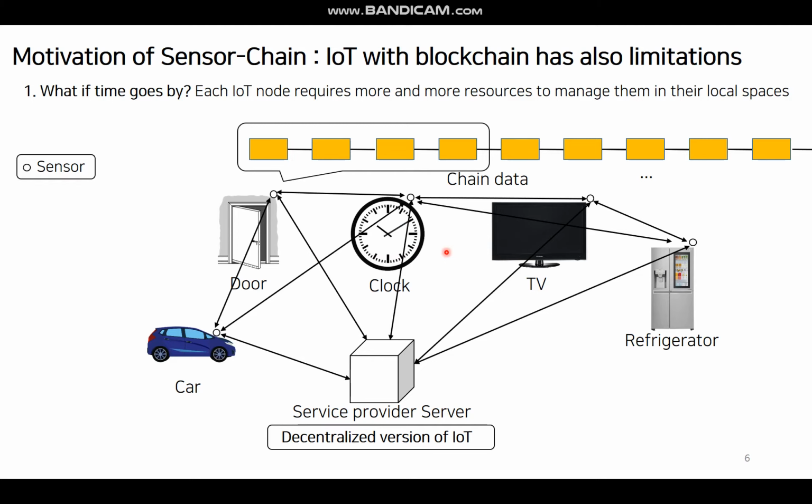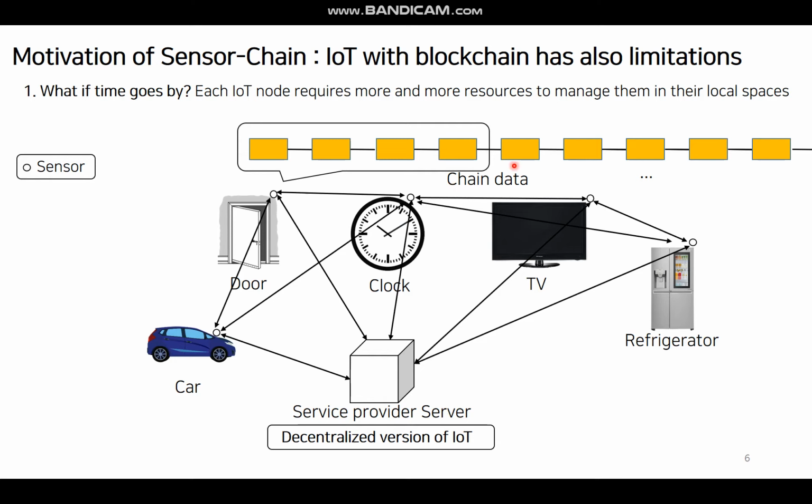However, there would still be some problems in the structure of IoT with blockchain. In other words, IoT with blockchain also has limitations. The first thing is, what if time goes by? Each IoT node requires more and more resources to manage them in their local spaces. Because if time goes by, the chain data with transactions would explode.